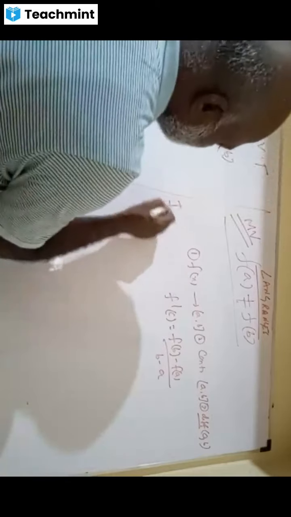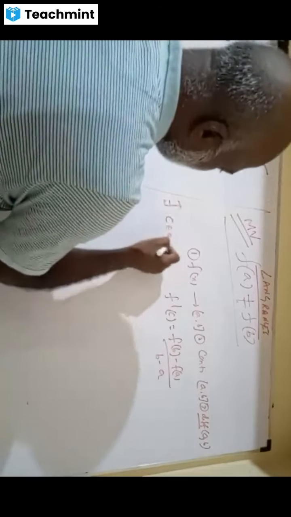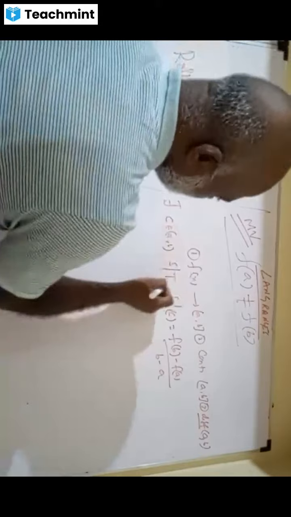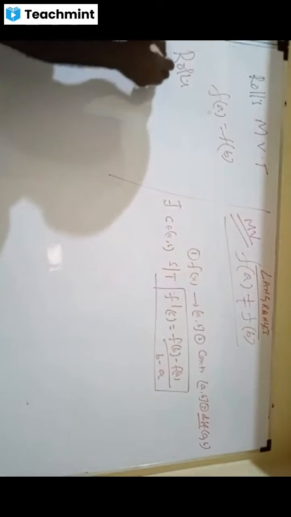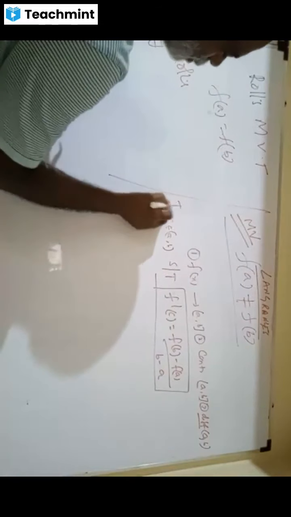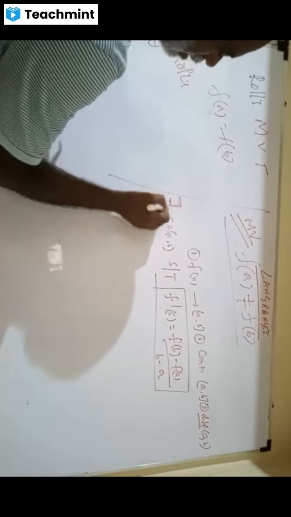In Rolle's theorem, there exists C belongs to AB such that f dash c equal to 0, ma. This is called there exists, ma. The reversed E, that is called there exists.